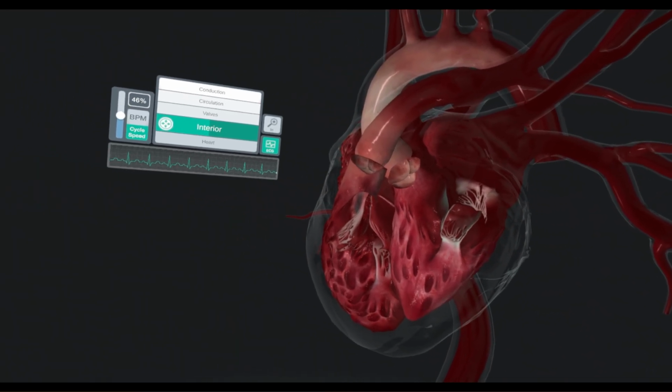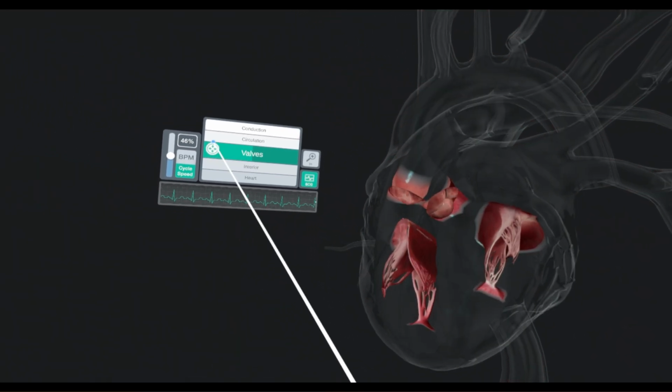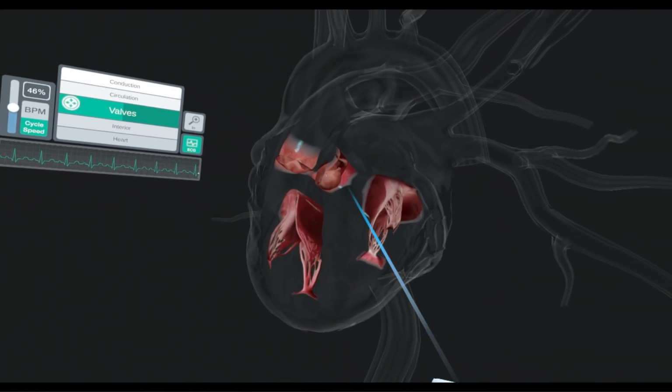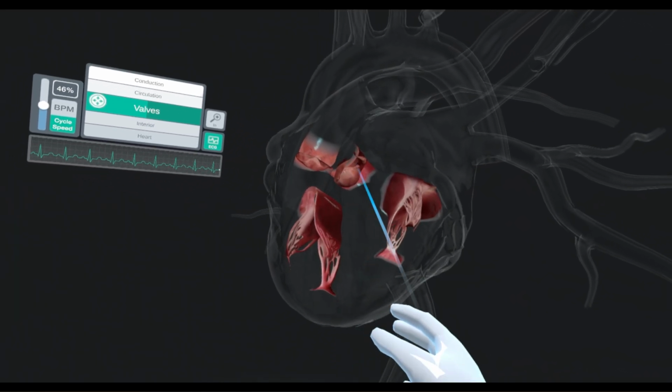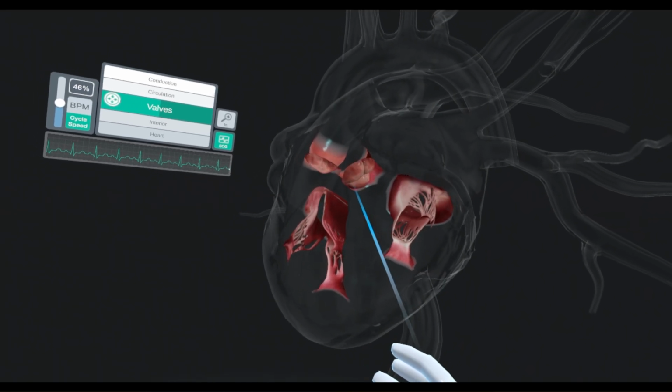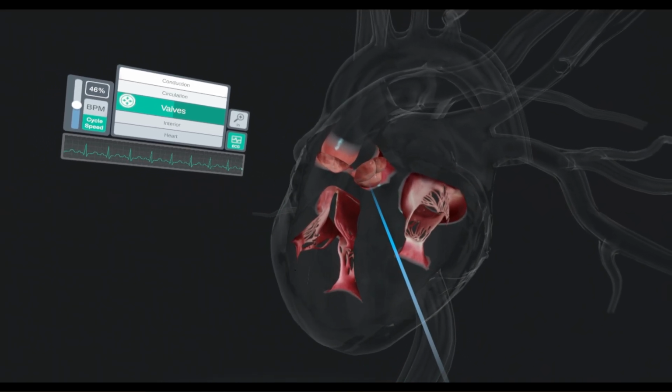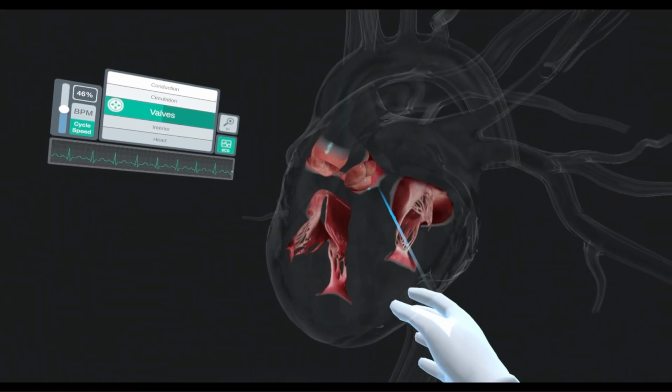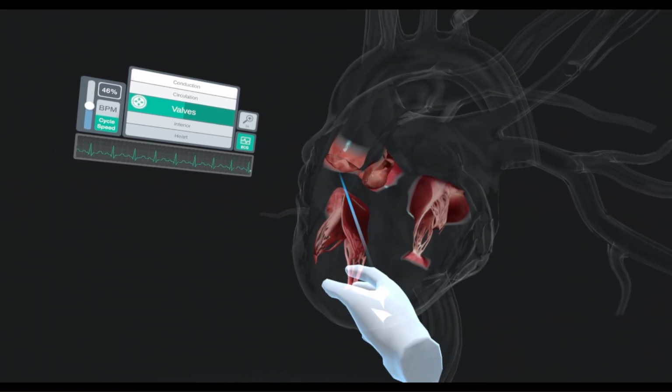All right. So let's look at the valves one more time, and let's talk about the valves. These two closest together in the center of the heart, more so as it looks like, those are called the semilunar valves, the aortic and the pulmonic.